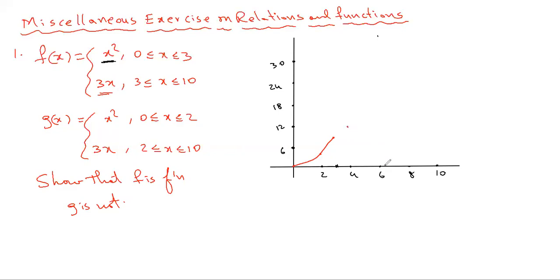And substituting 6, 3 times 6 is 18. Obviously, because it's a linear function, you get a line from here onwards till 10, like this.